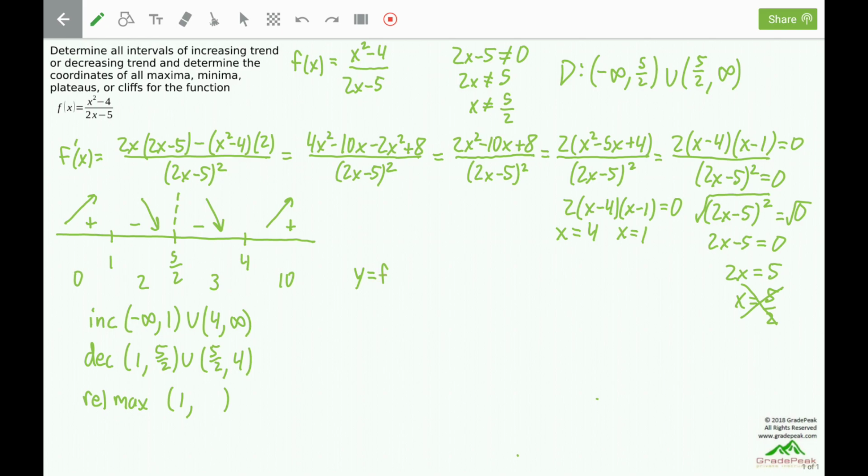So y will be f of 1, which will be 1 squared minus 4 divided by 2 times 1 minus 5. 1 squared is 1 minus 4. 2 times 1 is 2 minus 5. 1 minus 4 is a negative 3. 2 minus 5 is also a negative 3. Negative over negative is positive. The 3's cancel. It leaves a positive 1. So we have a relative maximum at 1, 1.